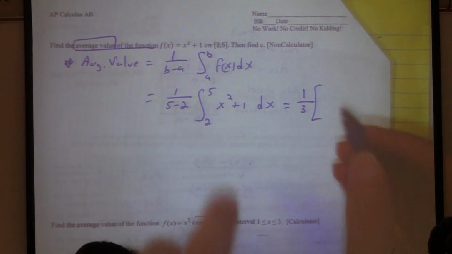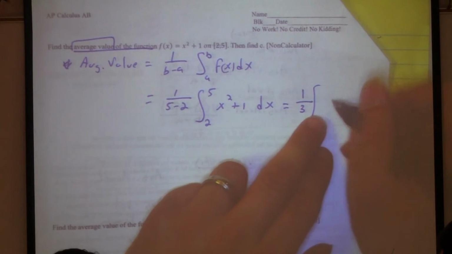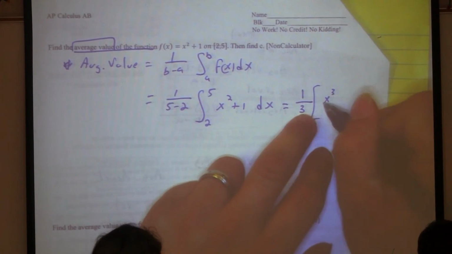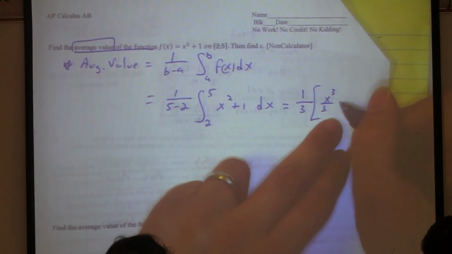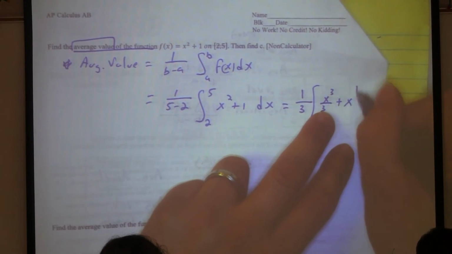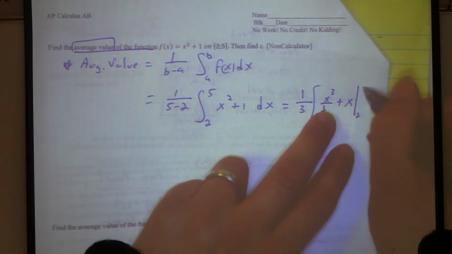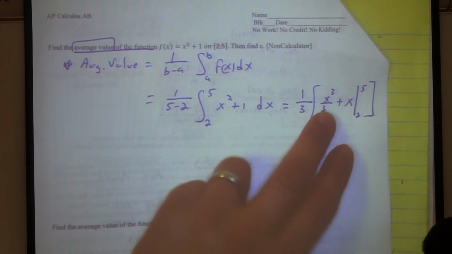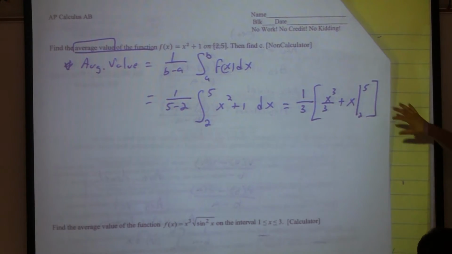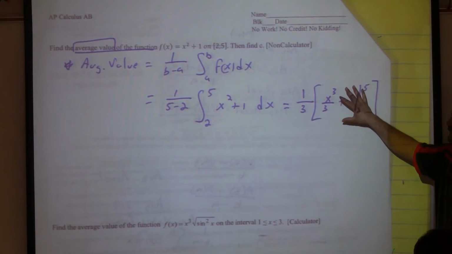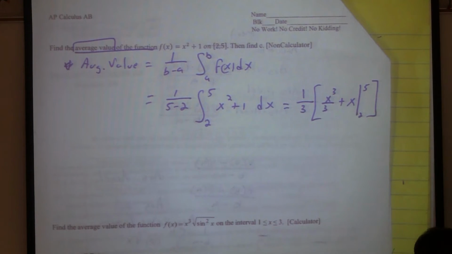Alright, so what's the antiderivative of this guy? So 1 over 3 x cubed plus x evaluated from 2 to 5. I need to do this antiderivative and calculate this value, and then after I do that, multiply it by that 1/3. Okay?